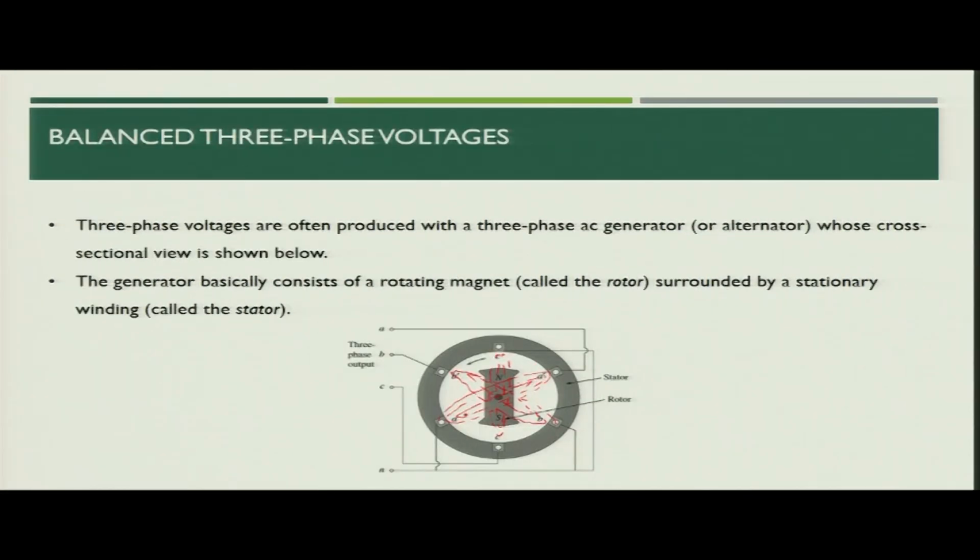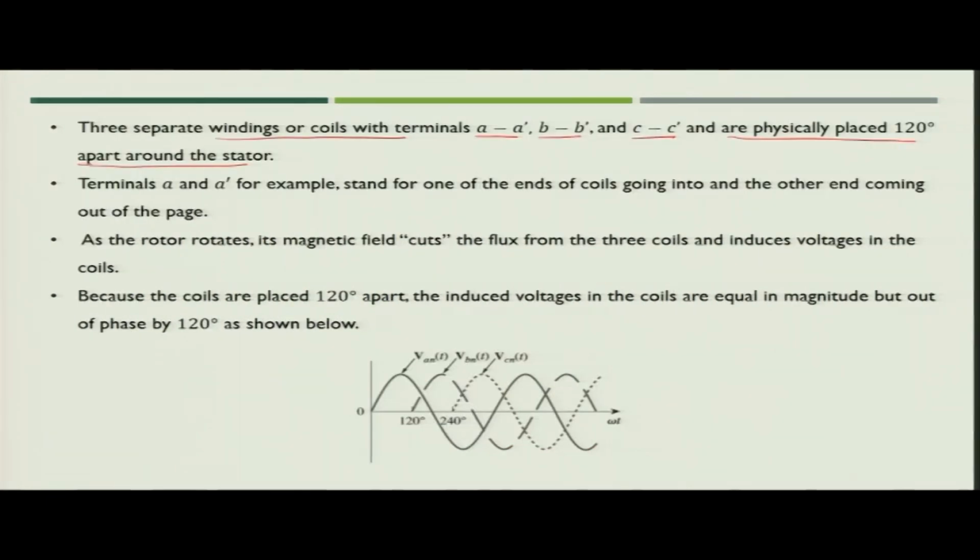If you see A and B, the angle difference will be physically 120 degrees. Similarly, between B and C and between A and C will also be 120 degrees. So, your windings are now physically apart by 120 degrees.